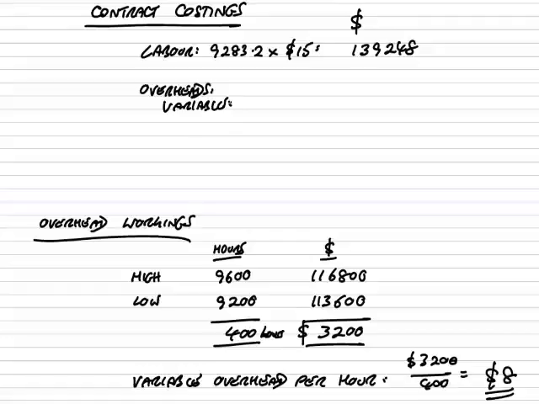It's $8 an hour. Well, we know how many hours. And incidentally, even if you'd got those hours wrong for any reason, you'd still get full marks for using your hours for overheads, $8. So 9283.2 at $8 is 74,266.